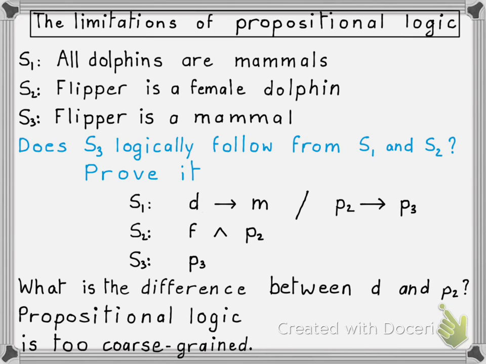So it's not able to represent the fact that even though two propositions are different, like these two, they are also strongly related. And this is the kind of detail, quote unquote, that we need to prove that this argument is valid. In particular, we need to be able to represent the fact that Flipper is a dolphin is a special case of something is a dolphin.